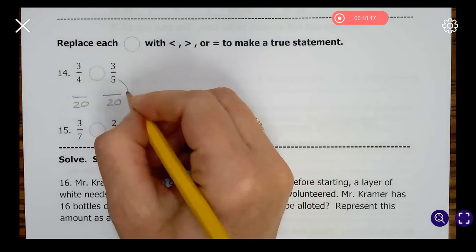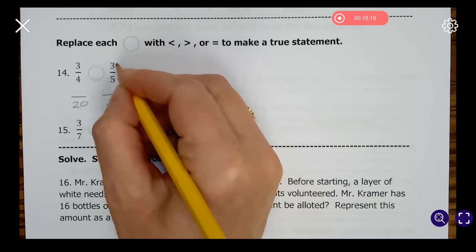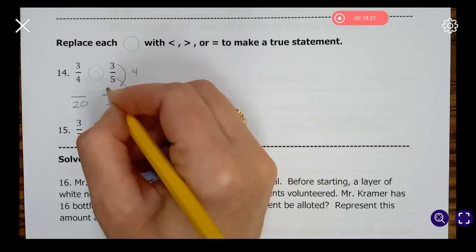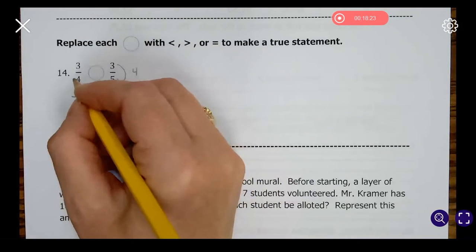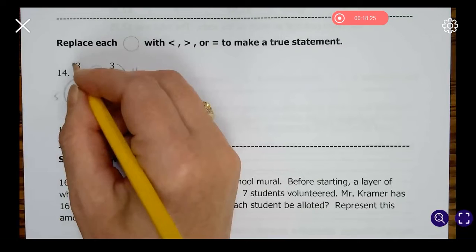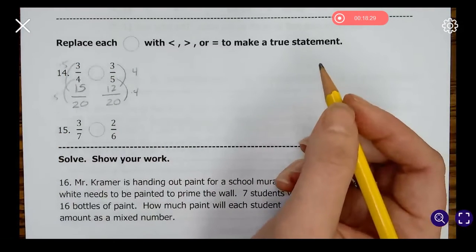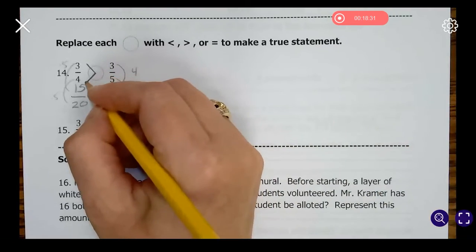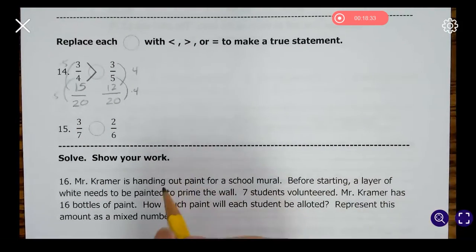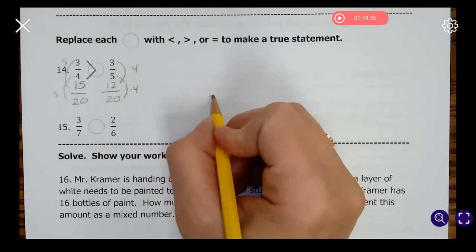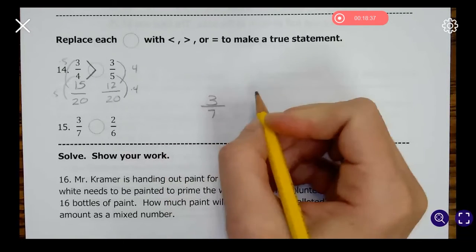This means I'm multiplying by 4, multiply by 4, and gives me 12. Here I multiply by 5, multiply by 5 gives me 15, and which is bigger? 3/4. All right, now here I am going to write this over to the side just so I have some more room.